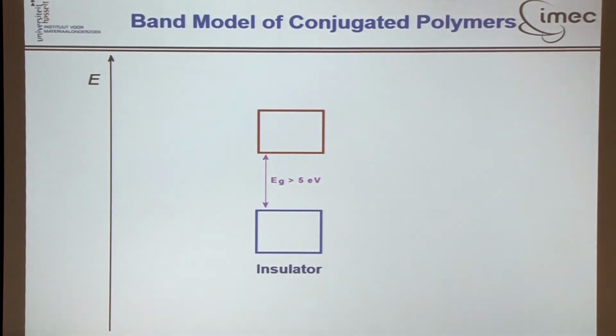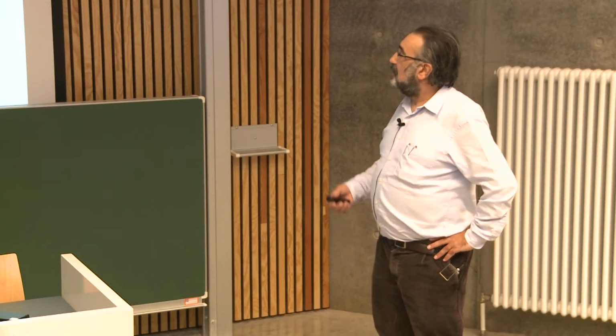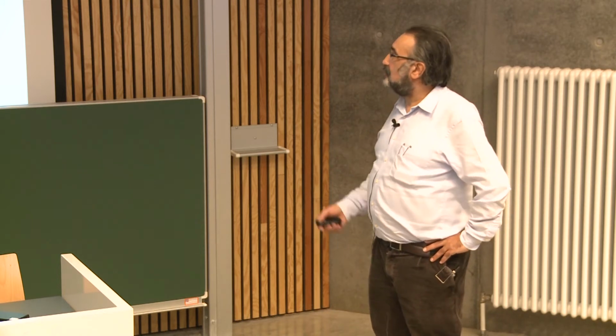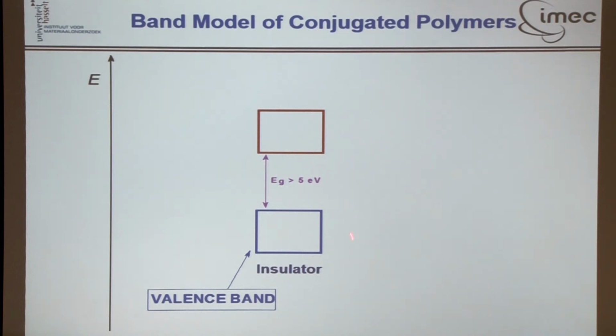To explain that, quite often one uses a so-called band model that comes from solid state physics, and in your education you have certainly heard or encountered these concepts of the valence band. Here you have a continuum of energy levels that are filled with electrons.